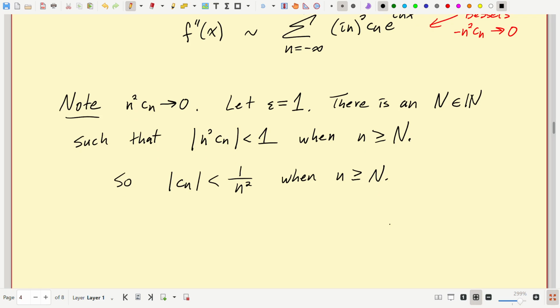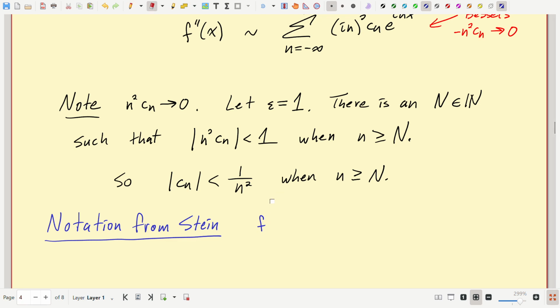Here's Stein's notation, which is a classic notation. I feel like I'm slighting poor Carleson all the time, but can't help it. Notation from Stein is that f hat of n is the nth Fourier coefficient for f.